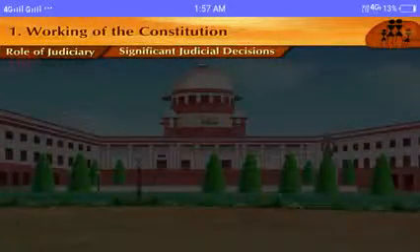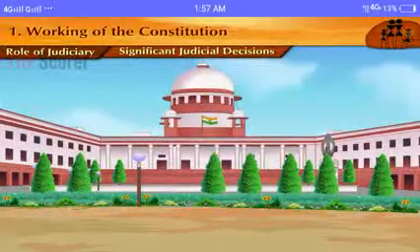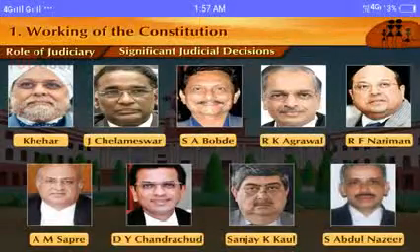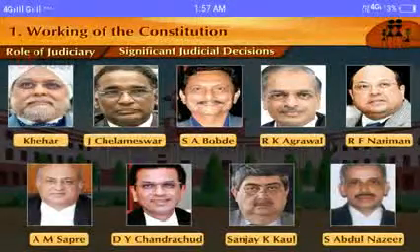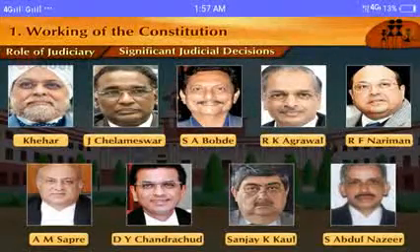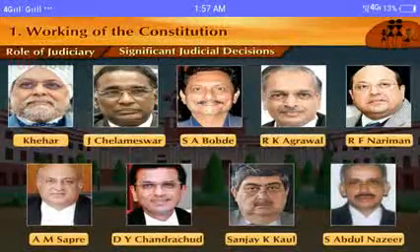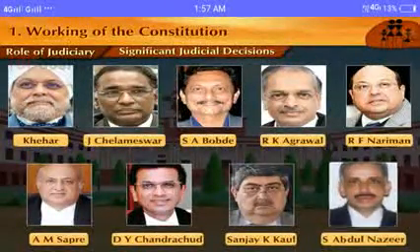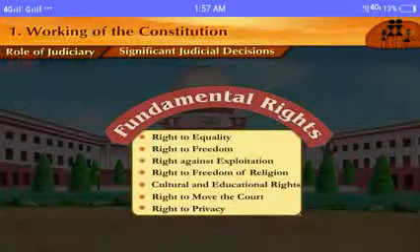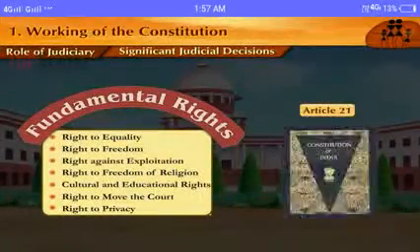For instance, in 2017 CE, in a historical judgment made by the Supreme Court of India, headed by a 9-judge constitutional bench comprised of Justice Khehar, J. Chelameswar, S. A. Bobde, R. K. Agarwal, R. F. Nariman, A. M. Sapre, D. Y. Chandrachud, Sanjay K. Kaul, and S. Abdul Nazir, the right to privacy was declared as a fundamental right, which was protected under Article 21 of the Indian Constitution.